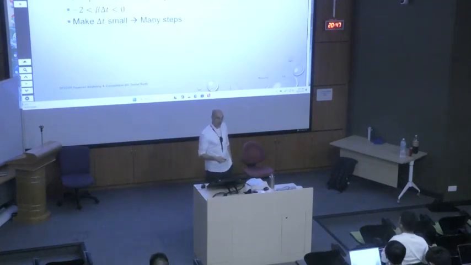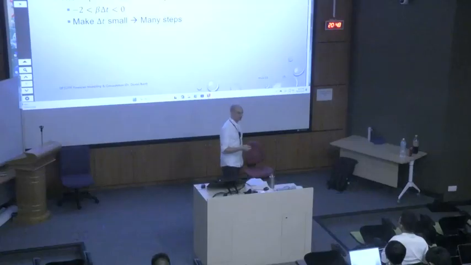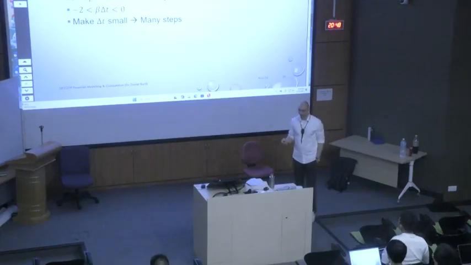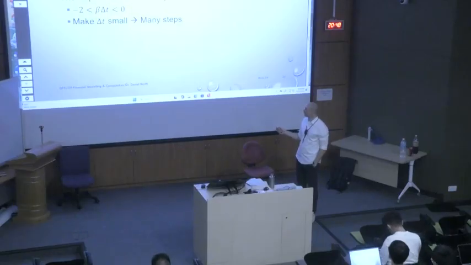So what it means is that this method is not really stable if this factor G is larger than 1 in absolute value. If it's minus 2, it's the same principle.